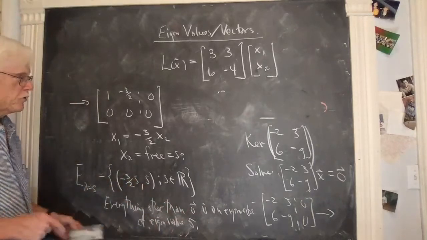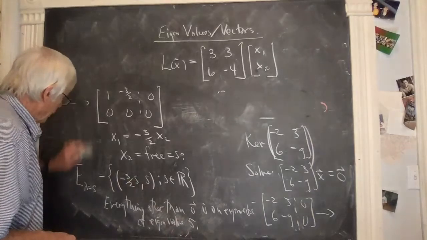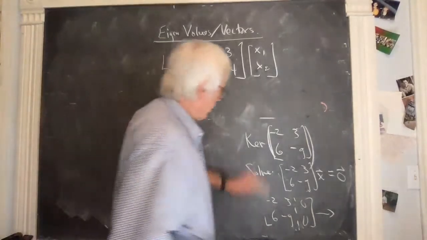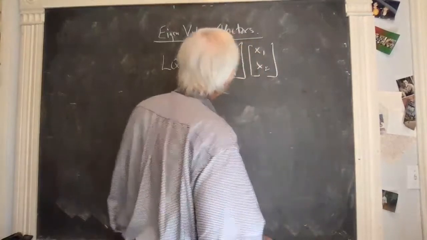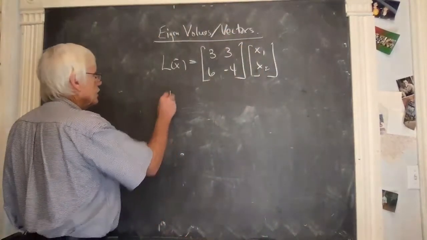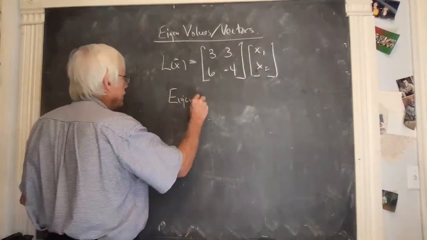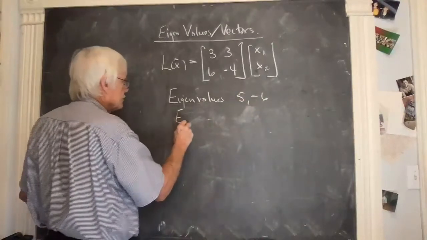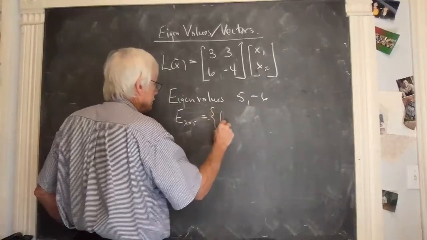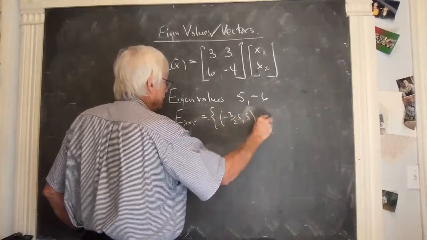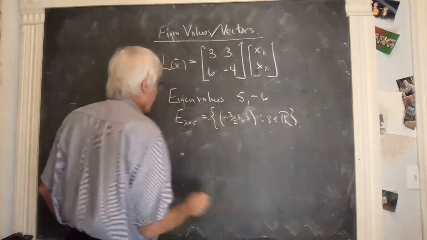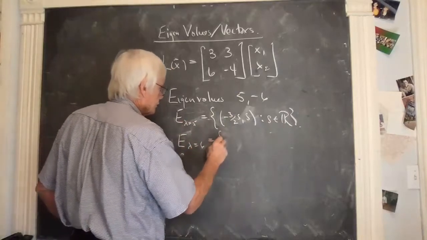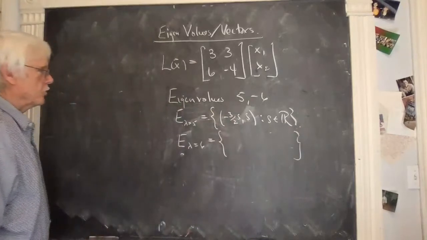And I'll do one more. I'll do lambda equals -6, A equals -6, and see if we can find the eigenvectors for that. Now we want to do lambda equals -6.